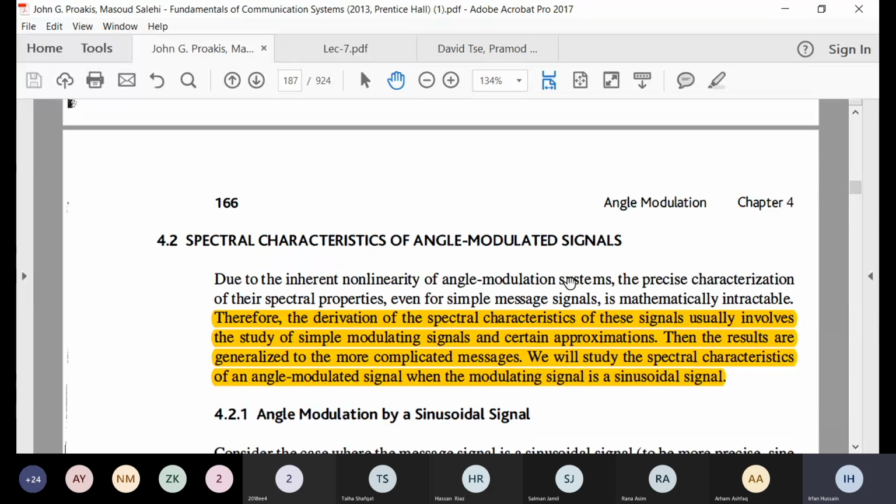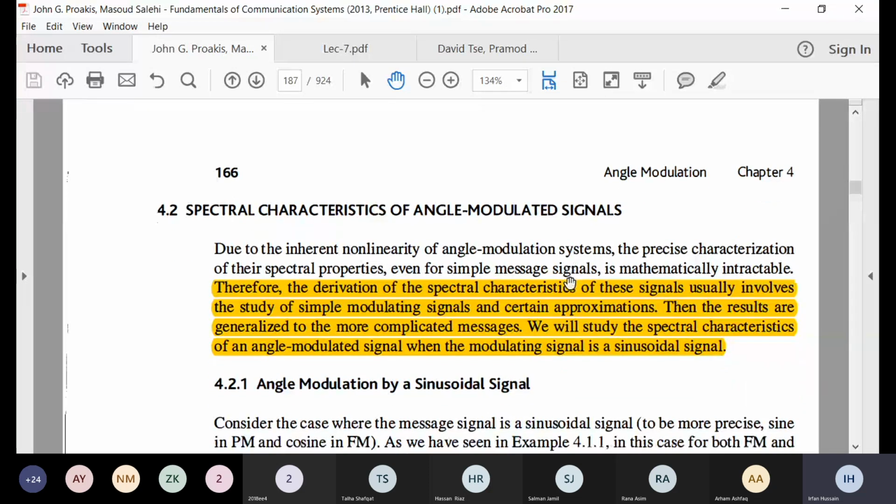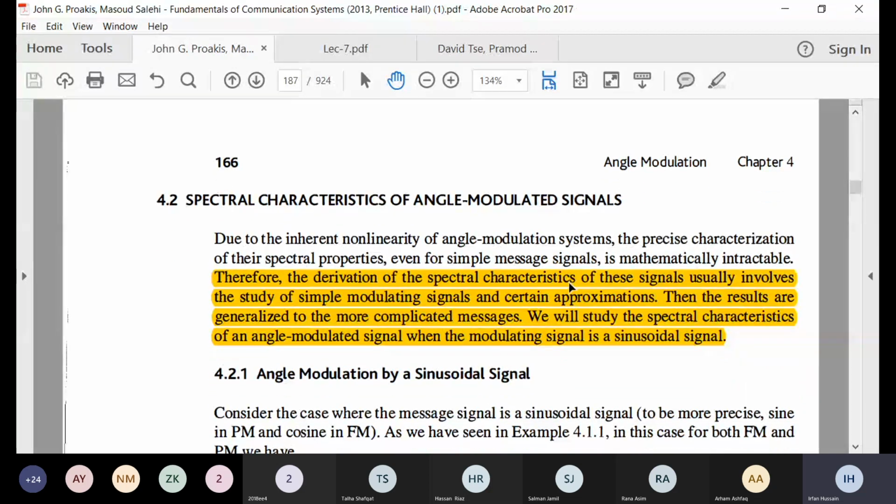All right. So, spectral characteristics. We have seen that they are nonlinear and their characterization is not simple. So we take simple signals, do their FM or PM, and then analyze their spectrums to get a generalized result for complicated signals.